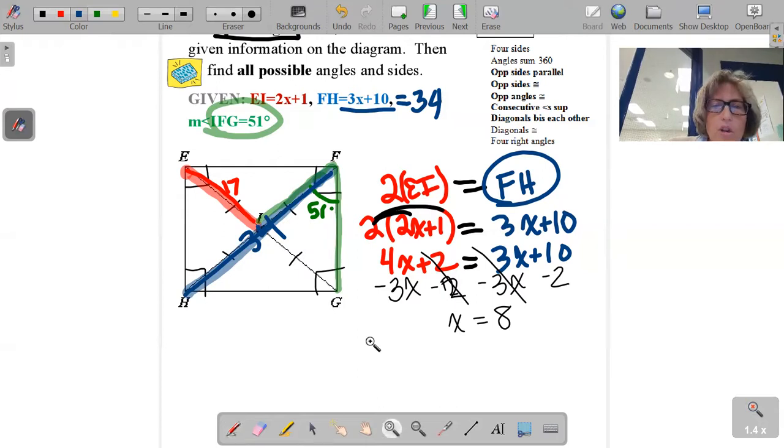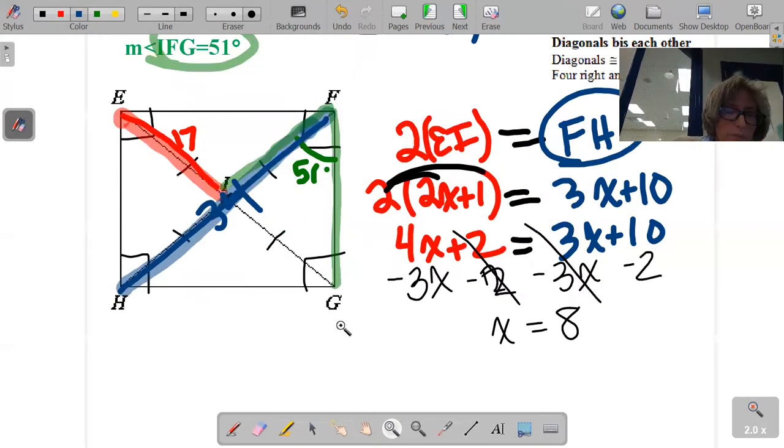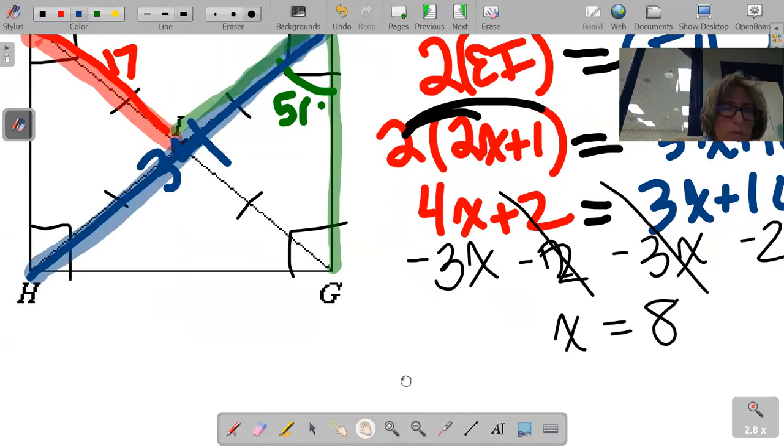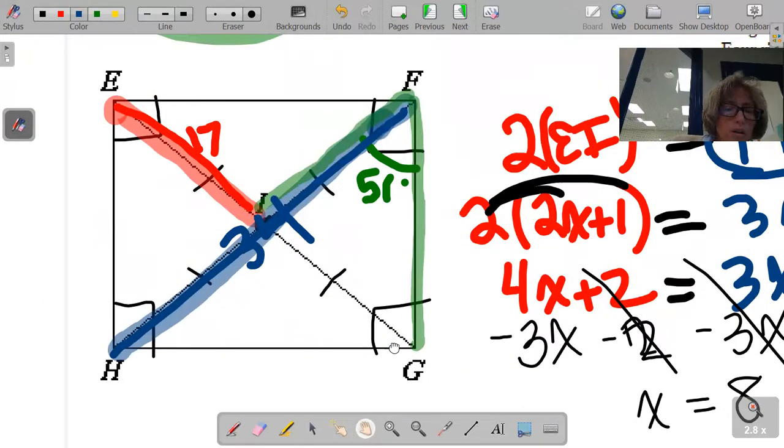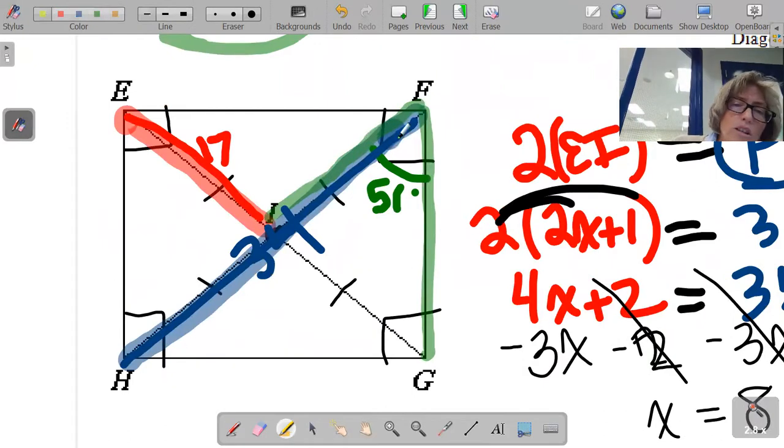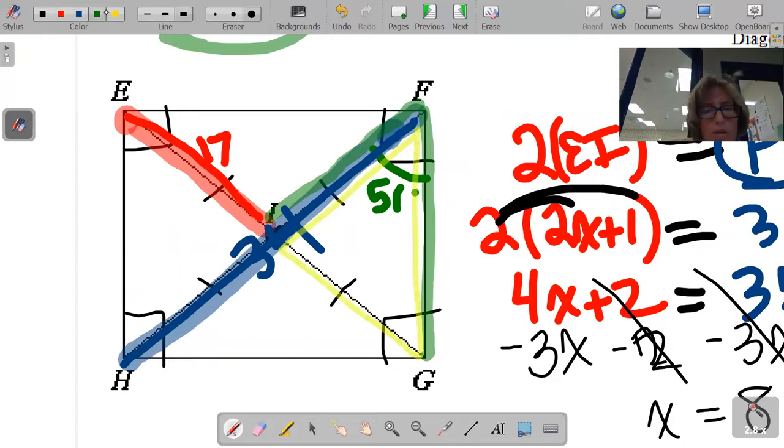Let's go ahead, and we're trying to find all segment lengths and angles. Remember I told you to watch out for isosceles triangles here. So we have an isosceles triangle: 2 equal sides, 2 equal angles.